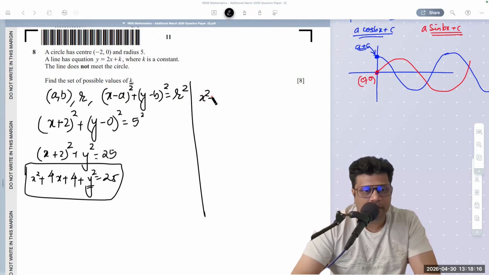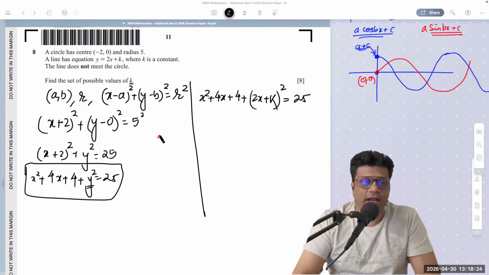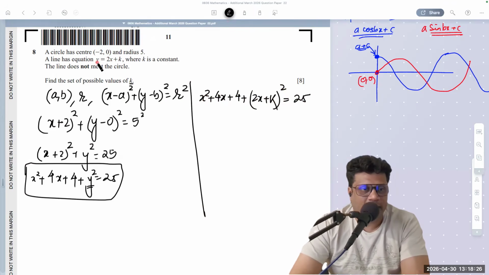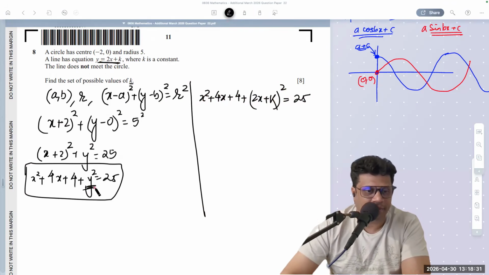x square plus 4x plus 4, plus 2x plus k, equals 25. Solving it like a simultaneous pair, take that y from the line and substitute it here.